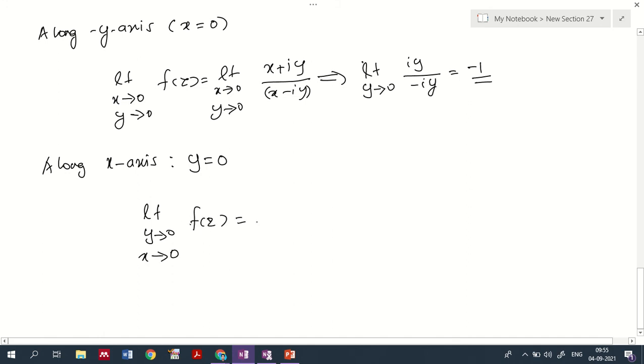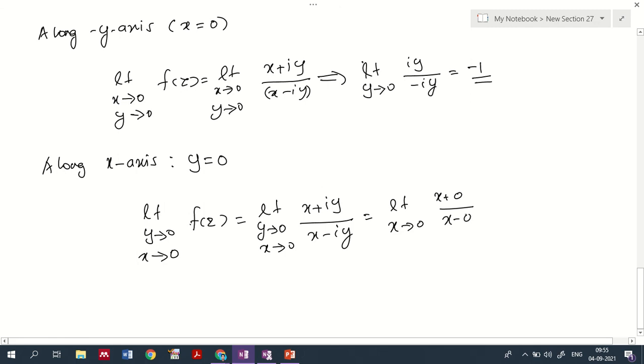So f of z is the limit y tends to 0, x tends to 0, of x plus iy divided by x minus iy. Okay, so that is the limit x tends to 0. When you apply along the x-axis, y will be equal to 0. So what will you be getting? You will be getting x plus 0 divided by x minus 0, that is 1 as the value.